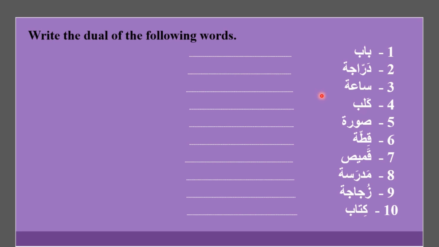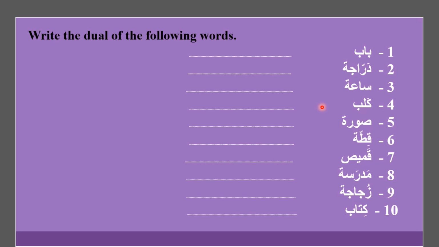3 is sa'a, watch or o'clock. The dual is sa'atan or sa'atain. 4, kalb, dog.